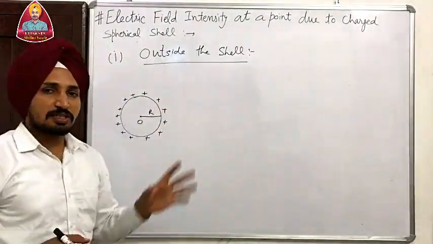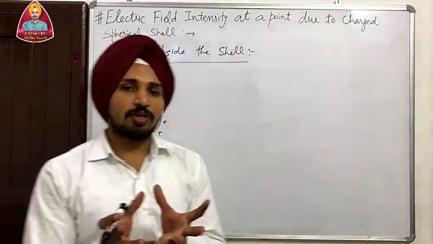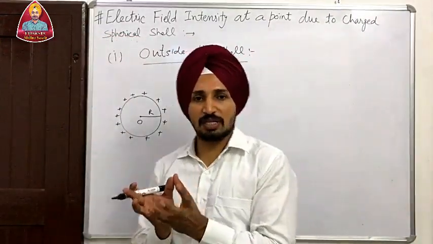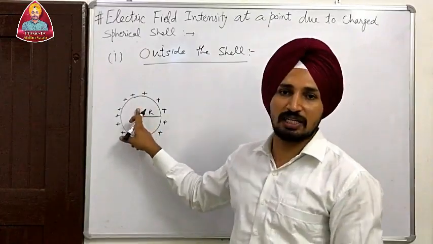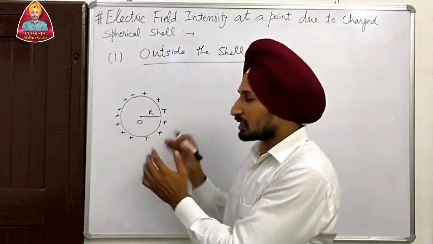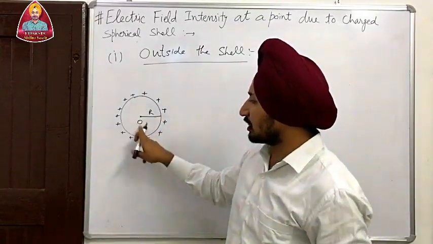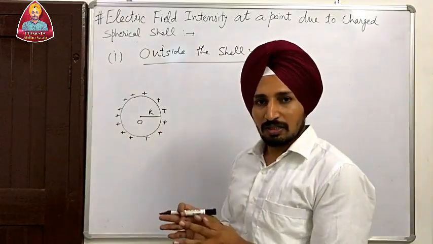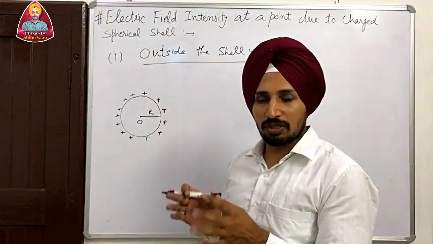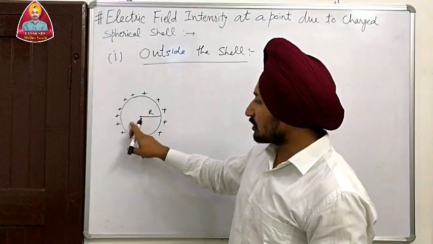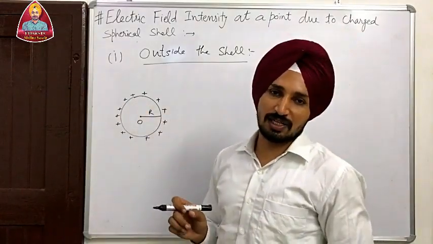Actually the charge is distributed uniformly over the spherical shell. No charge resides inside. There is no charge inside the spherical shell. It should be clear to all students that no charge is present inside the spherical shell.